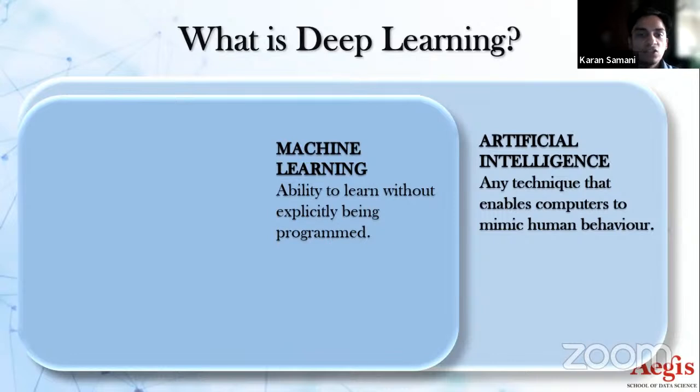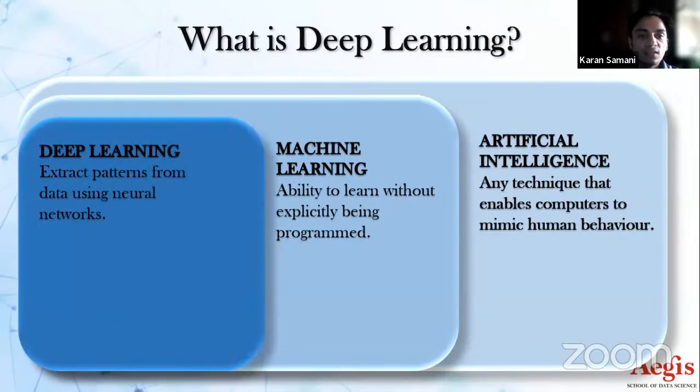Okay. Within machine learning, there comes a concept known as deep learning. Machine learning, artificial intelligence and deep learning are all different concepts, and deep learning is within this umbrella. Deep learning extracts patterns from the data, and it uses neural networks.